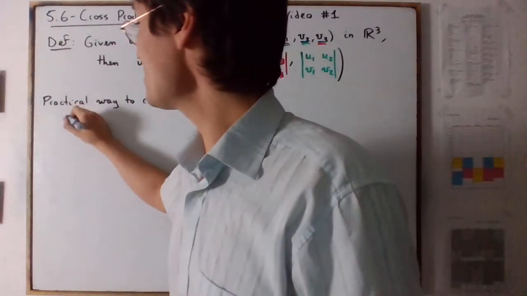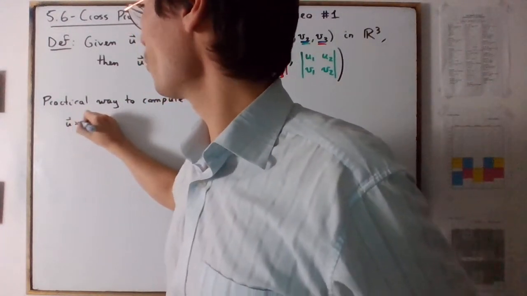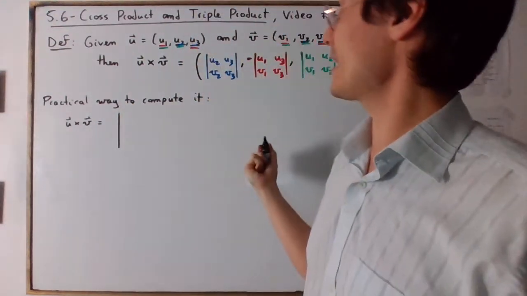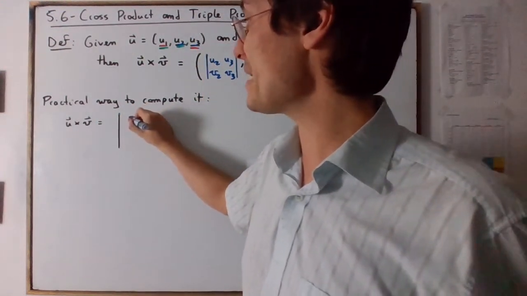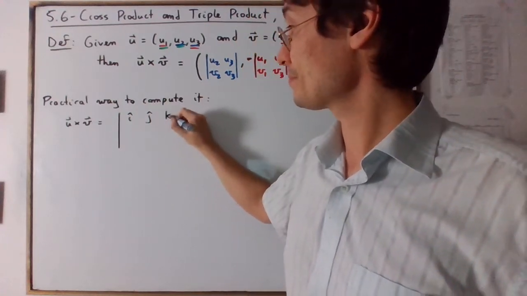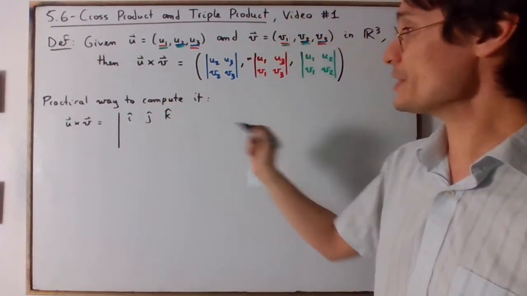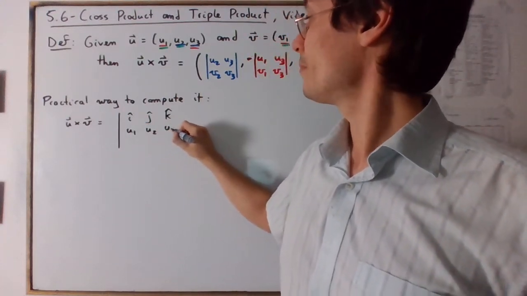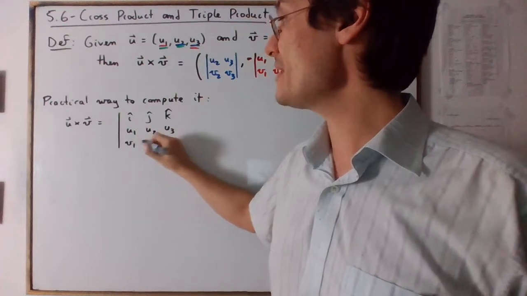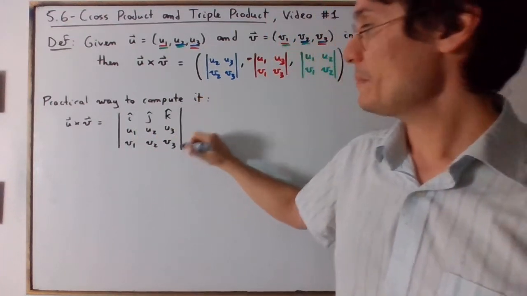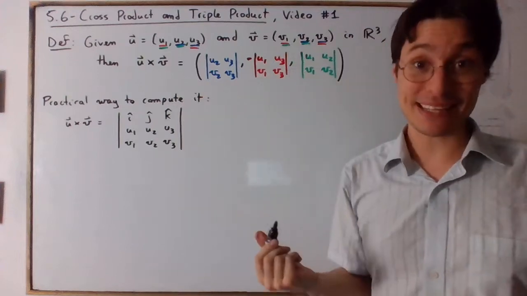The cross product of u cross v: the way you set it up is you write the basis vectors i, j, k, and then you write the vector u as the second row and the vector v as the third row.